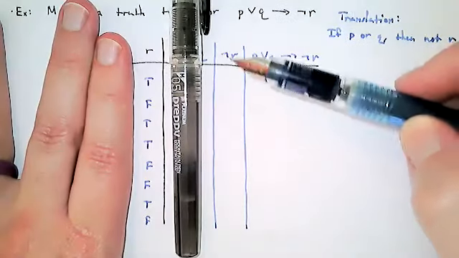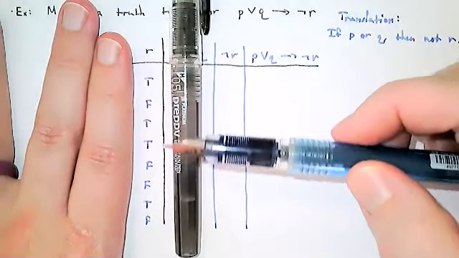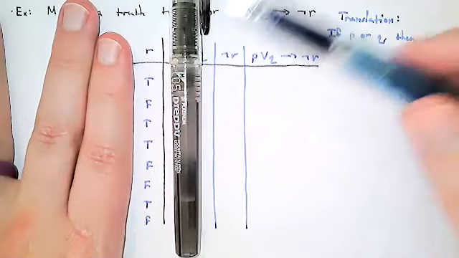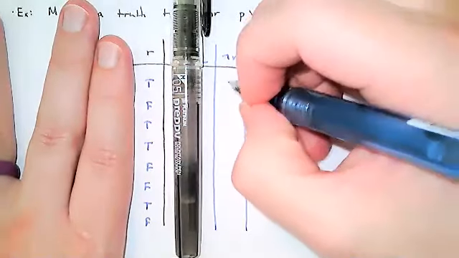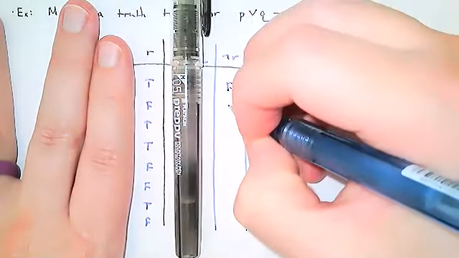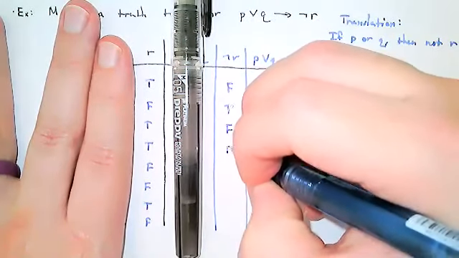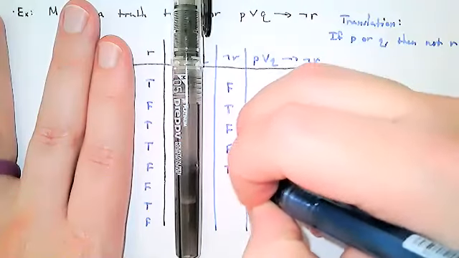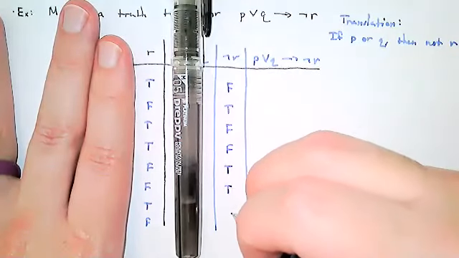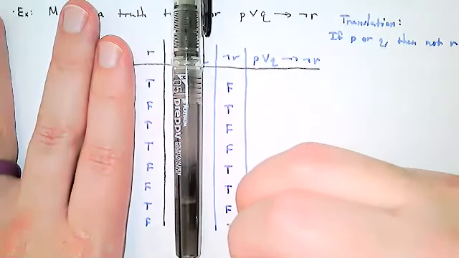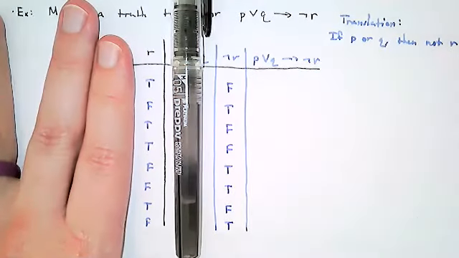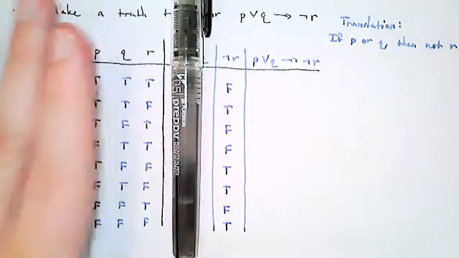So all we do is switch the truth values that we find here. So true becomes false, false becomes true. Like this. Okay.